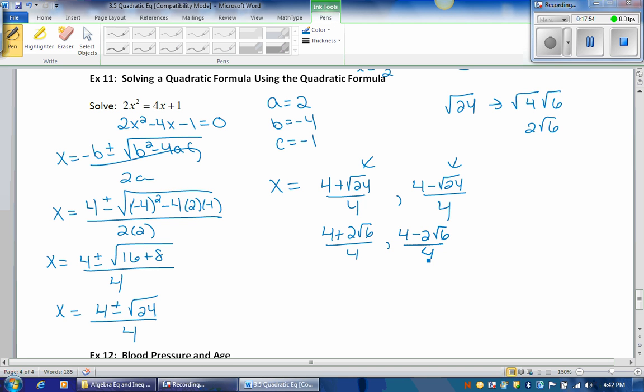Or you can write it like this. You can divide all of these by 2, right? This can be divided by 2, this can, and this can. You can write it as 2 plus square root of 6 over 2, and 2 minus square root of 6 over 2. That's just simplified. And there you have it.